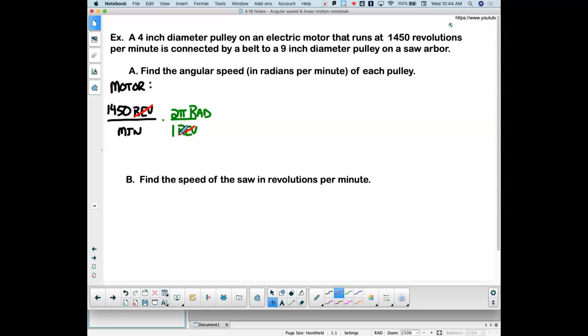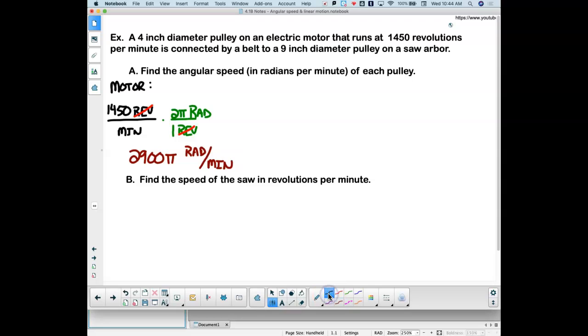Want it to be in radians per minute. Fantastic. So the motor, I should say, is spinning at, what's that, 2900 pi radians per minute. Would you agree with that? Okay.